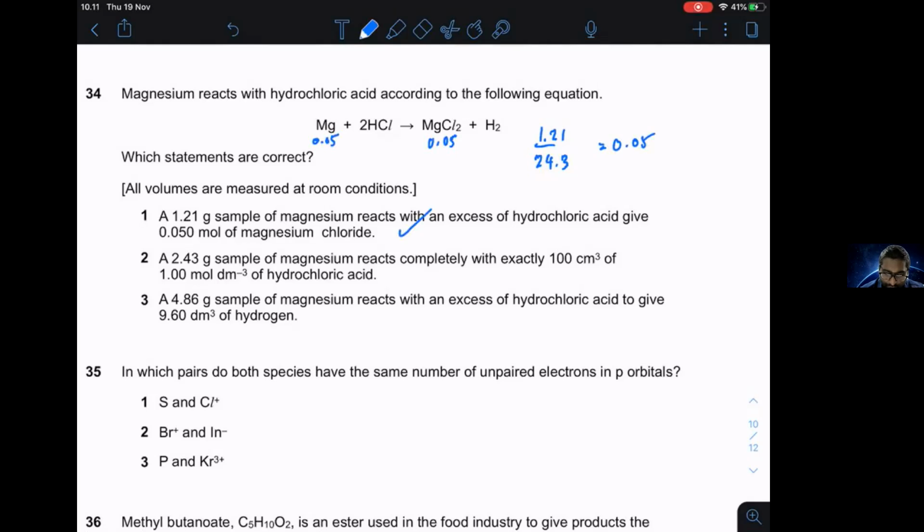2.43 divided by 24.3, that's going to be 0.1 mole, so for B, yes, 0.1 mole.